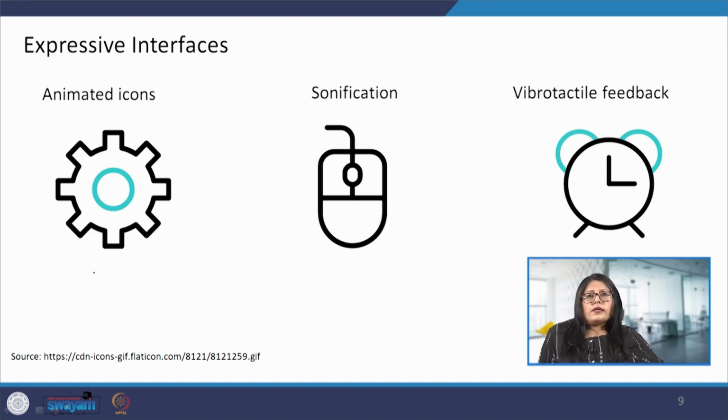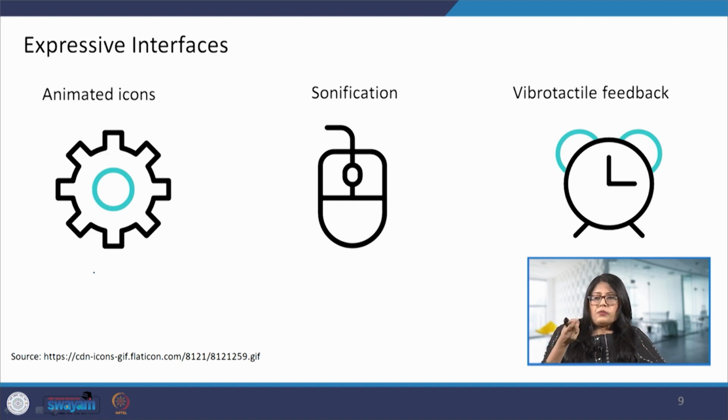Now, these are static, but there are animated icons wherein a wheel, for example, will turn, or sonification where there is feedback in terms of sound. So when you click, there will be maybe a sound of a click, and also vibro-tactile feedback.